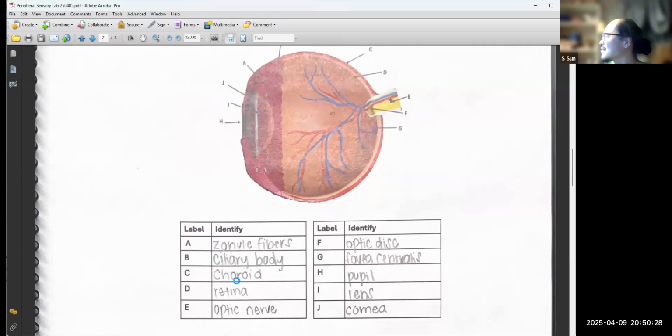The C here is the sclera. Why is that so small? Let me change it. Okay, maybe it can be bigger. Right, sclera. That's better.